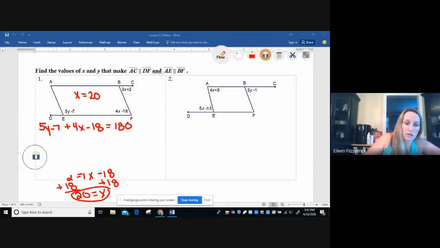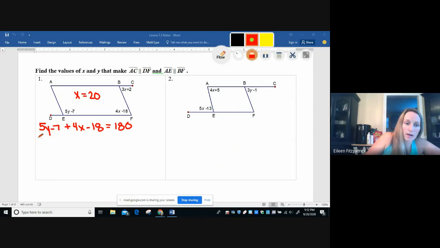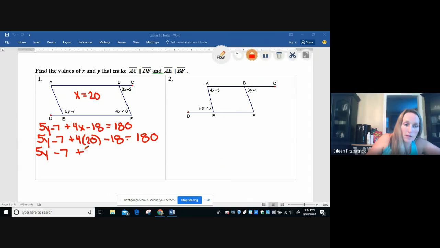So let me erase all this. Okay, so I have 5y minus 7 plus 4 times 20 minus 18 equals 180. All right, so I'm going to have 5y minus 7 plus 80 minus 18 equals 180.